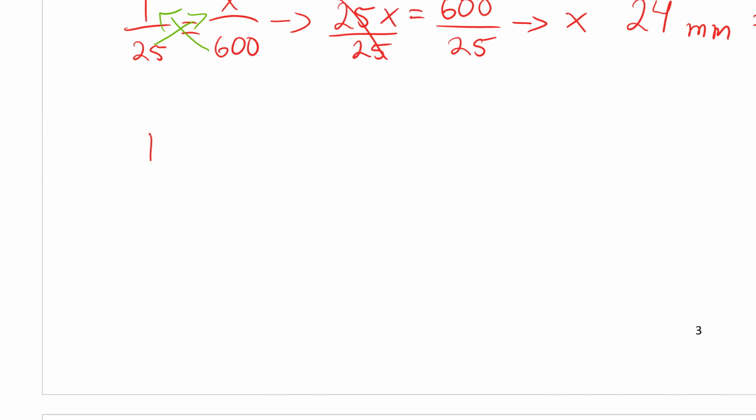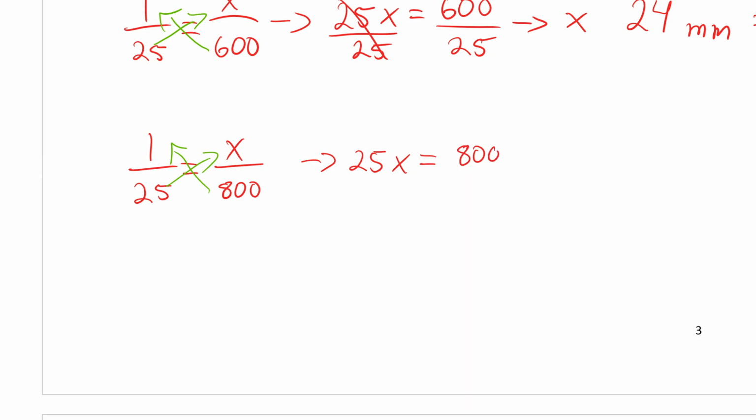Now we can do our other dimension, so 1 over 25 equals x over 800 is our other dimension that we're working with. So we do our cross multiplication, and we have 25x equals 800.